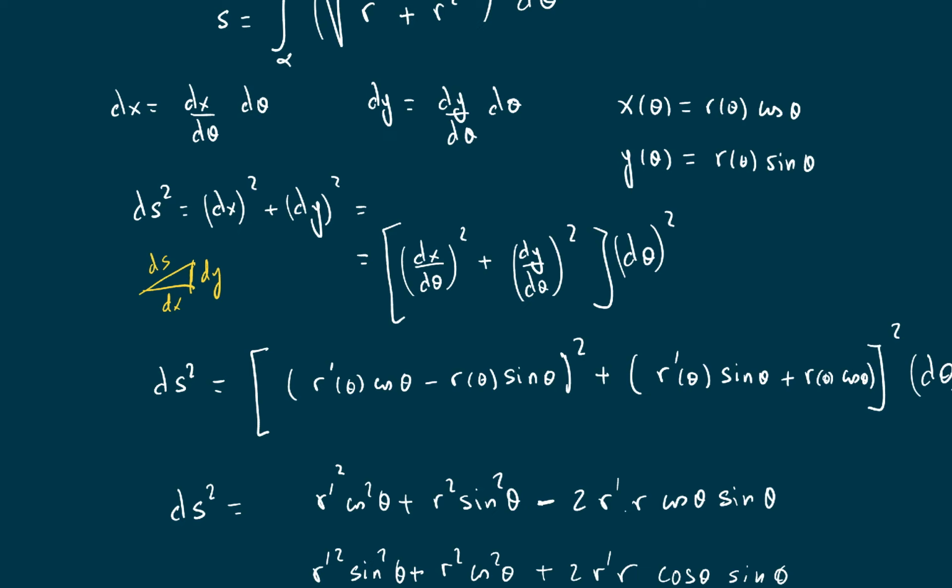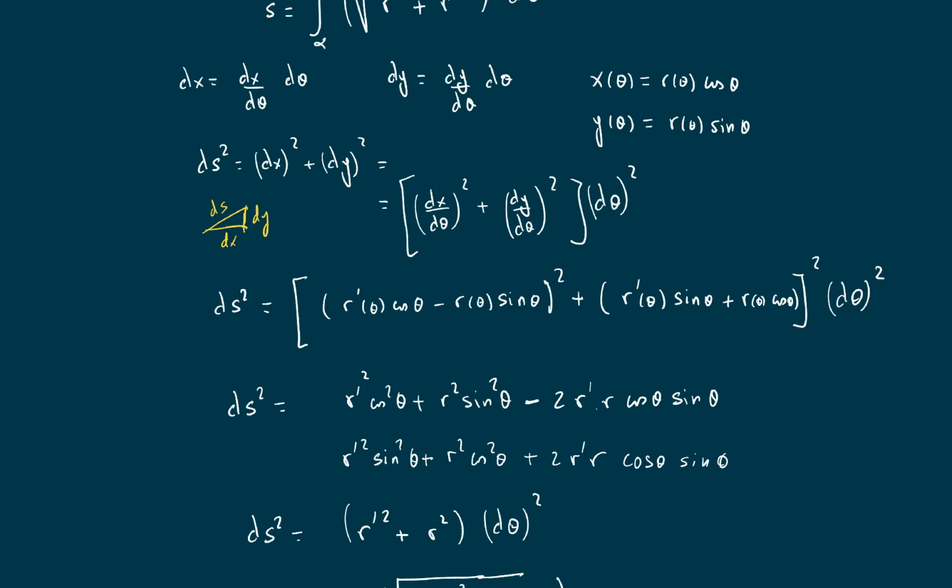So it will be minus r of theta sine of theta. If we do the same thing for the derivative of y with respect to theta, you will find this expression, squared, times d theta squared.